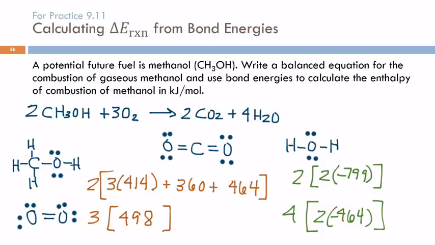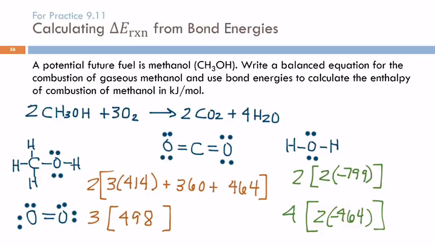Now it's a matter of a little bit of math. So I'm going to add these guys up and then multiply by 2. So 3 times 414 plus 360 plus 464 equals, and then we're going to multiply that by 2.